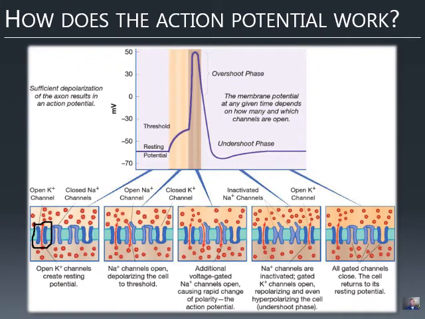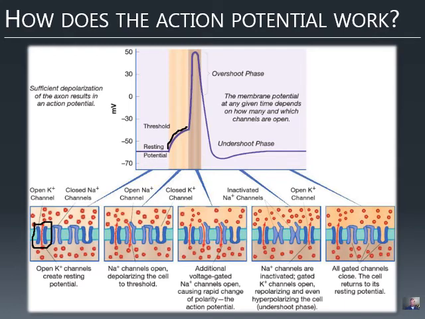If we move some of that positive charge into the neuron, then that membrane potential isn't so negative. And that's called depolarizing the neuron. So when positive charge moves in, on this part of the curve, it depolarizes the neuron. In other words, it moves it closer to zero. Normally the membrane potential is negative, positive charge flows in, that membrane potential moves closer to zero, so we call it depolarization. It's not quite so polarized.